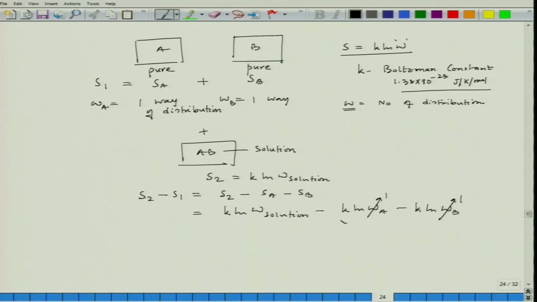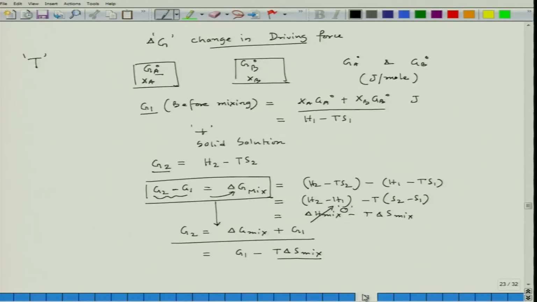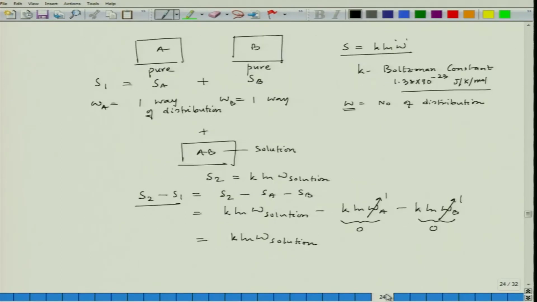So, this becomes 0, this becomes 0. And this is what we have seen just previously, that this is nothing but del S mix. Now, entire attention goes into this particular quantity, omega solution.